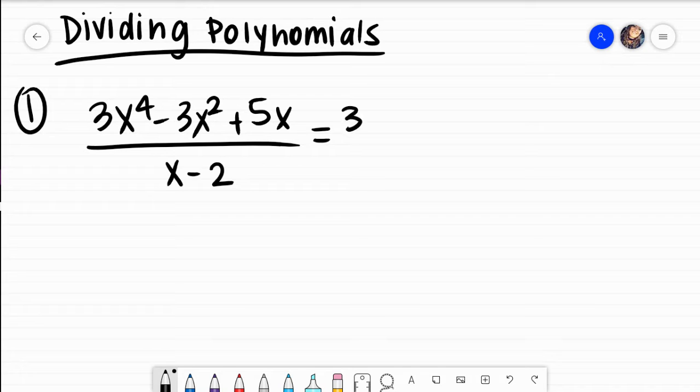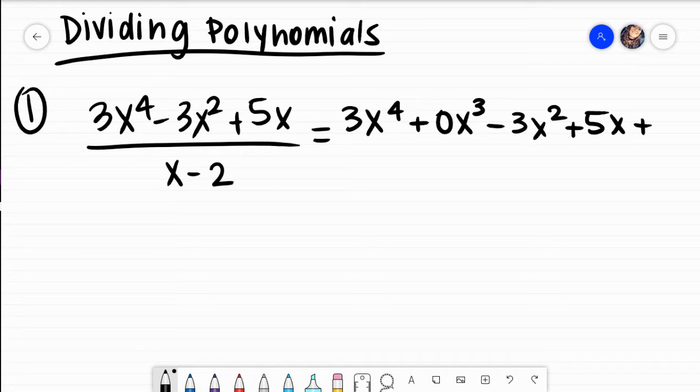So we would have 3x to the fourth, a positive 0x cubed, a negative 3x squared, a positive 5x, and then a positive 0. I think we could just get away with adding 0. Technically, it would be 0x to the 0 power, which would just make it 1.